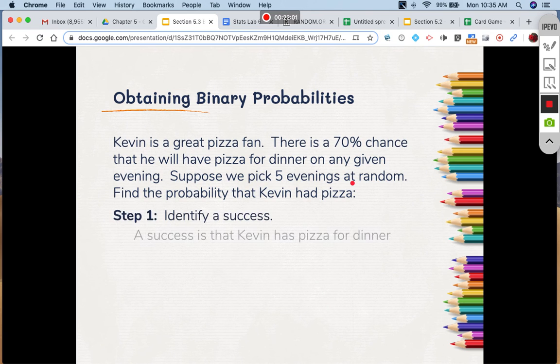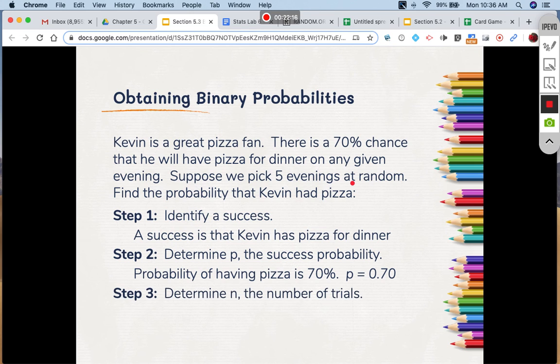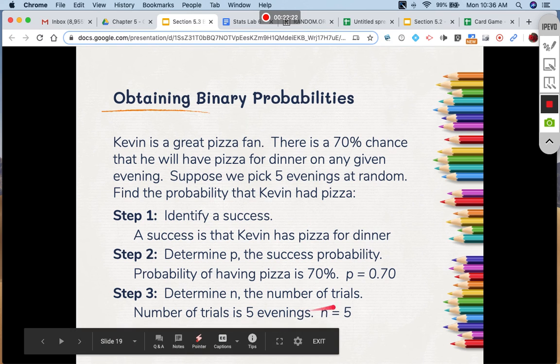So first, identify a success. Success we're going to call, he has pizza for dinner. Success probability is 70%, so p equals 0.7. Number of trials: we have 5 evenings, so n is going to equal 5. Remember, I need n and p. Those are my parameters. With those, I have my formula.